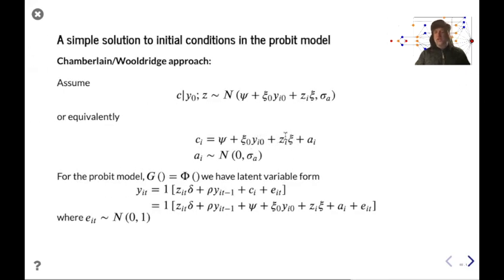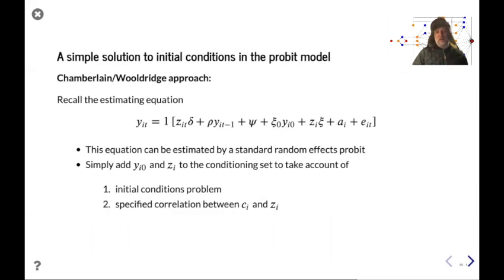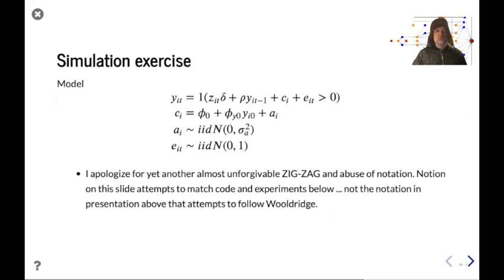So we are leaving that out when generating data, where there could be correlation between the other explanatory variables and the unobserved effect. Once we come to the empirical example I'm going to show you later, I'm going to try to control for it in that case. But for the simulation exercise, I want to keep it simple and only try to control for c_i and the initial conditions, so that parameter on y_i0 is here.